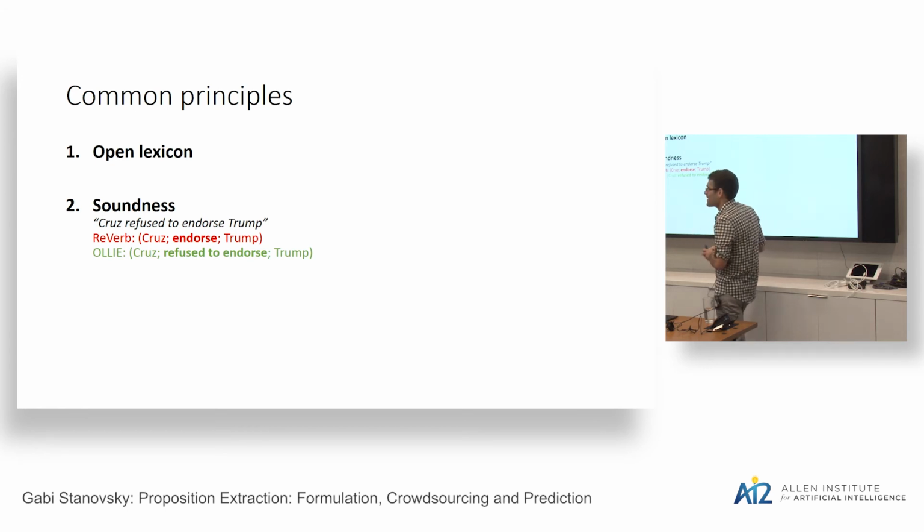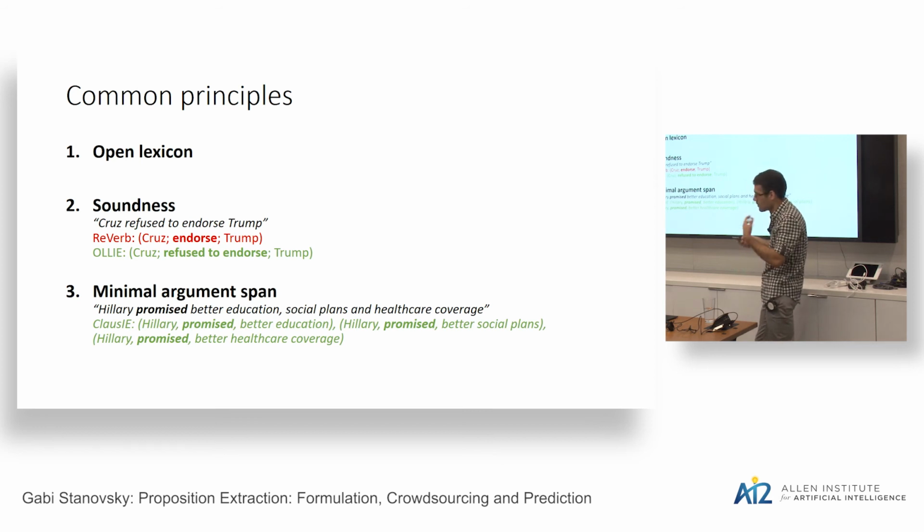This was true for EMNLP. Yeah, I should update this. So it wasn't true back then that Cruz endorsed Trump, but now it's true. So you need to take the complete context to represent what was said in this sentence, which was true back then.